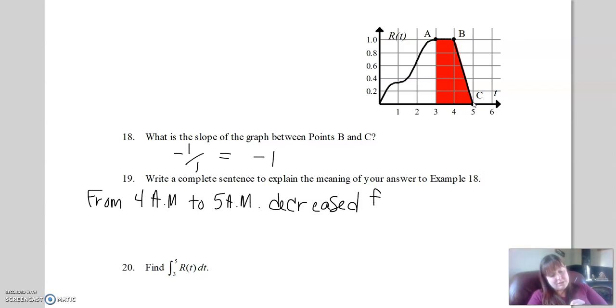Actually, we're going to talk about how the slope instead. So it decreased. Now decreased means we're talking about what the slope of that line is. So how fast did it decrease? How fast did the rate decrease? Decreased at a rate of -1 inches per hour.